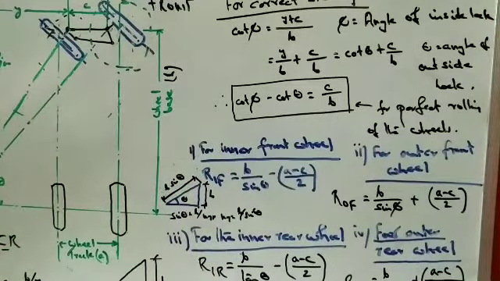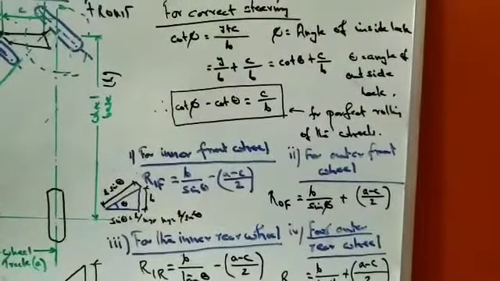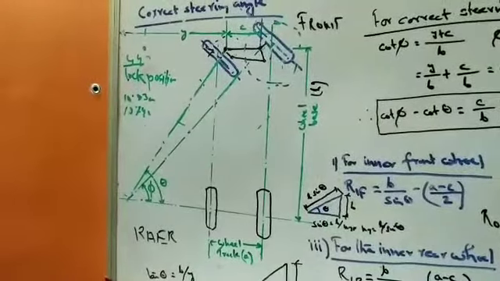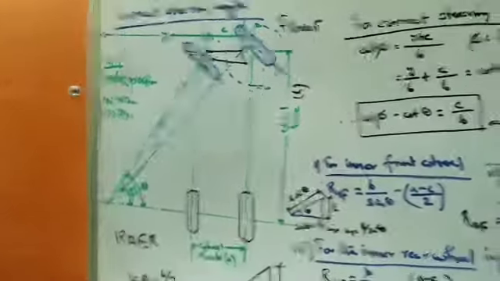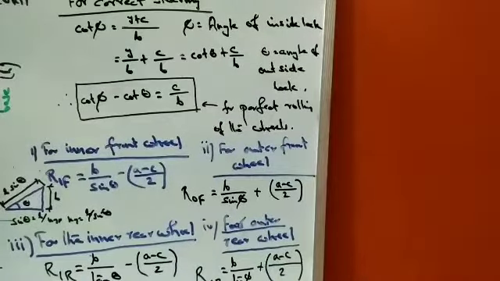So RIF, the radius of the inside circle, should be equal to b by sin theta minus (a minus c by 2). For the outer front wheel, ROF is given as b by sin theta plus (a minus c by 2). It should be plus for the outer.